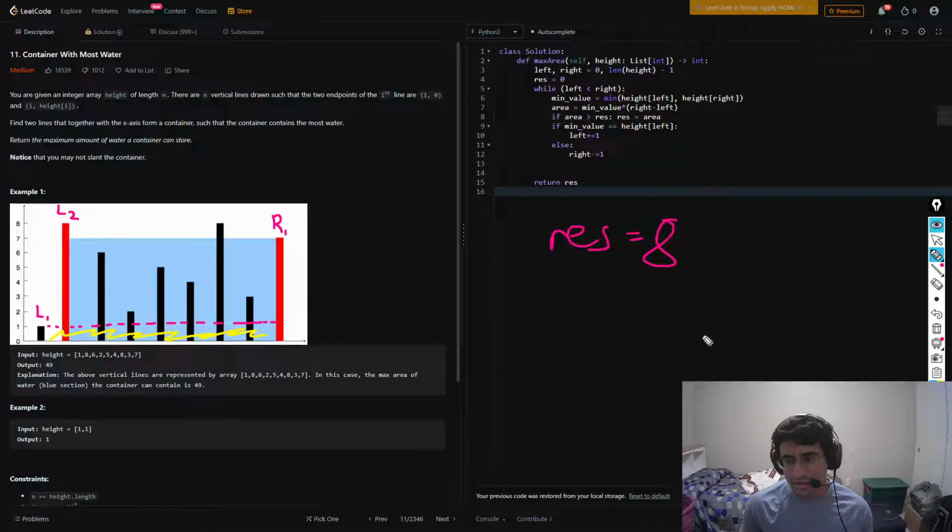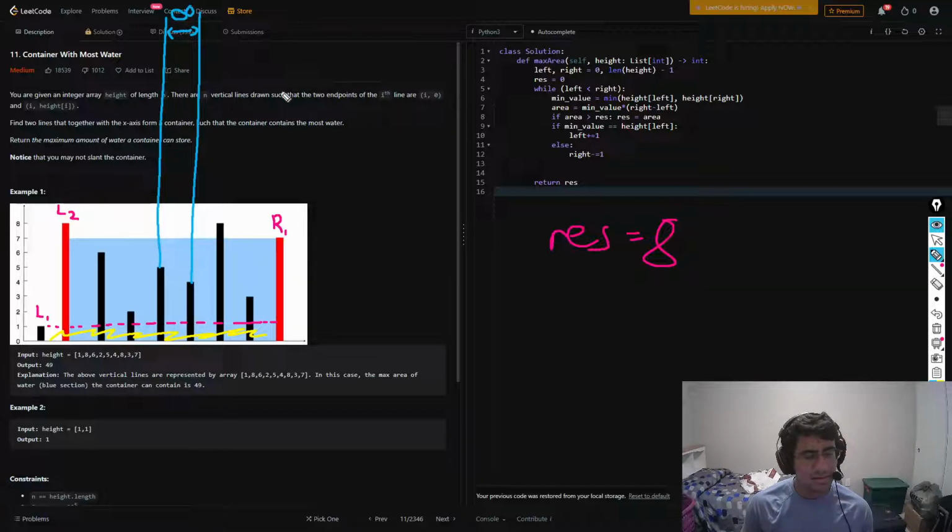Because in theory, we could have two really huge height values, and their length might be 1, but their height is like infinity. So the answer would be like infinity, just as an extreme case, although that's beyond the constraints of this problem. But let's keep going.